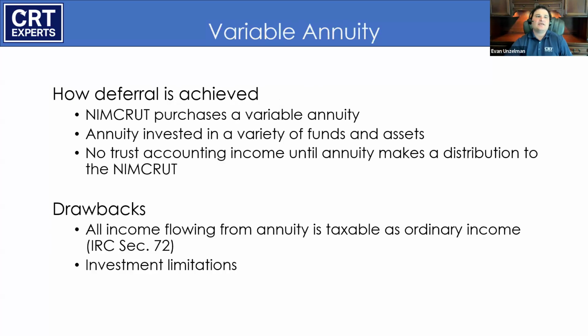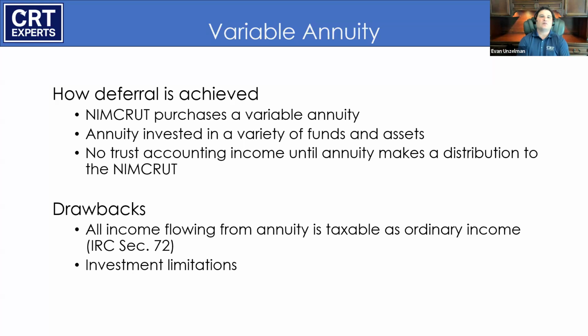So first is using a variable annuity. The NIMCRUT can purchase a variable annuity, and that annuity will then in turn invest in a variety of funds and assets. Until there's a distribution from the annuity to the CRT, there's no trust accounting income. So that annuity can grow over time, and all of that deferred gain, all that growth, can build up. For example, if the trust is growing at 7% and the payout rate is 5%, you're going to have more growth there than what can be distributed, because you can only distribute up to the accumulated makeup amount.